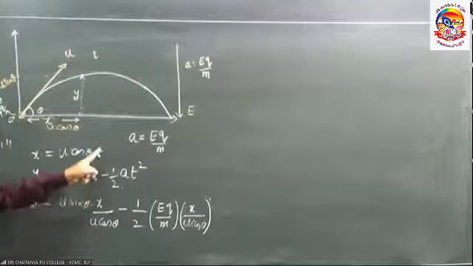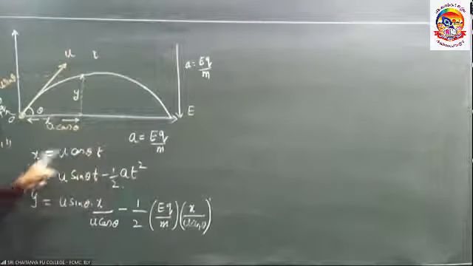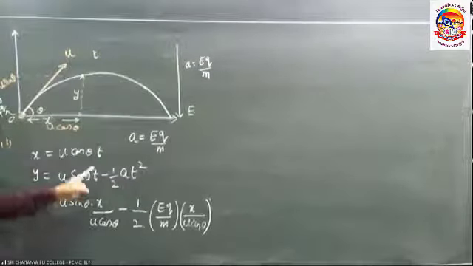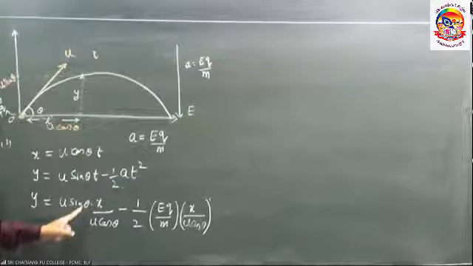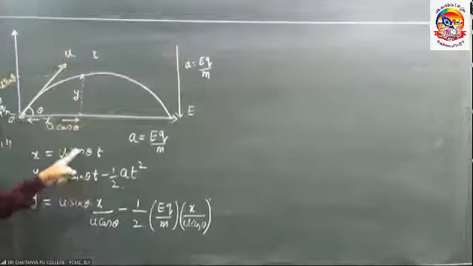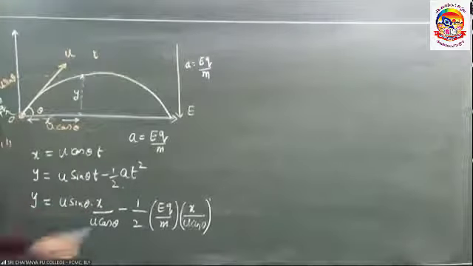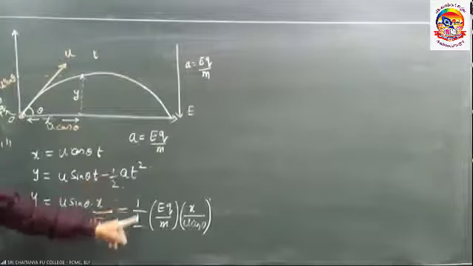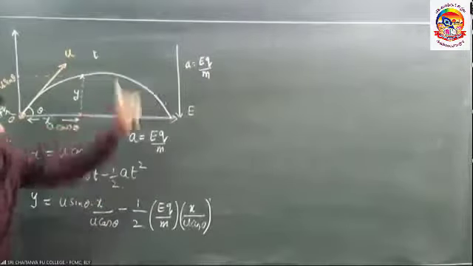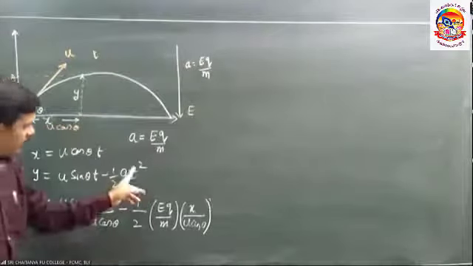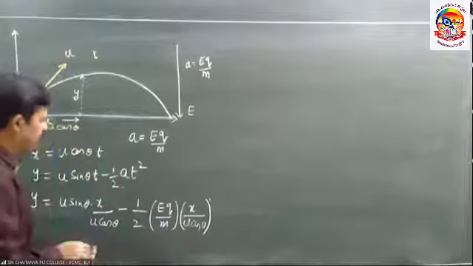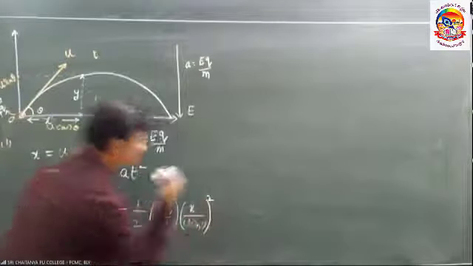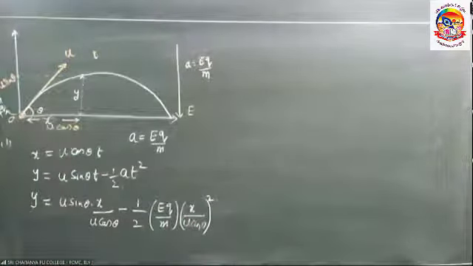So t is equal to x by u cos theta. In place of t, I substituted x by u cos theta: u sin theta times x by u cos theta, minus half acceleration eq by m times x by u cos theta whole square. Right?